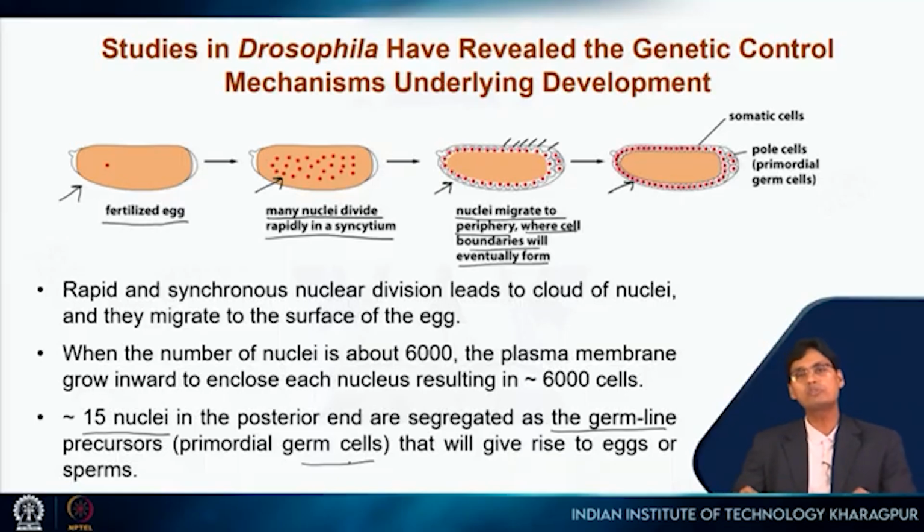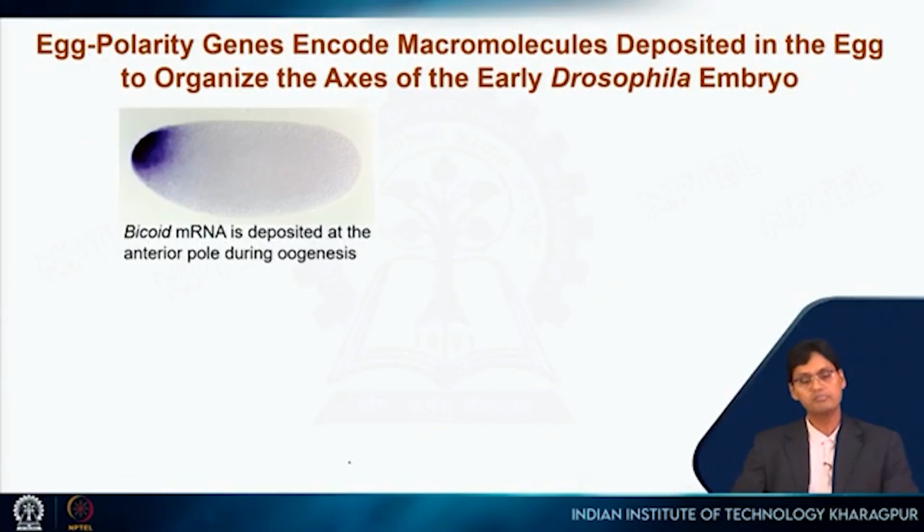But now we have to understand how the axis is being formed, whatever I mentioned at the beginning, for example the anterior and posterior axis, how head and tail will be defined. So let's see. Some egg polarity genes encode macromolecules deposited in the egg that organize the axis of the early Drosophila embryo. I will explain this.